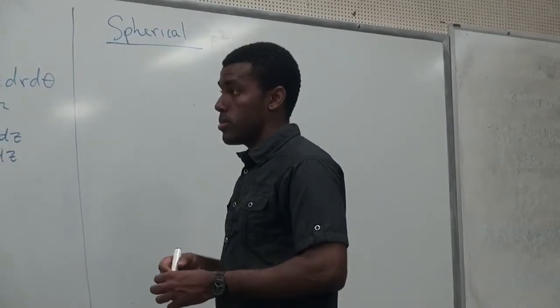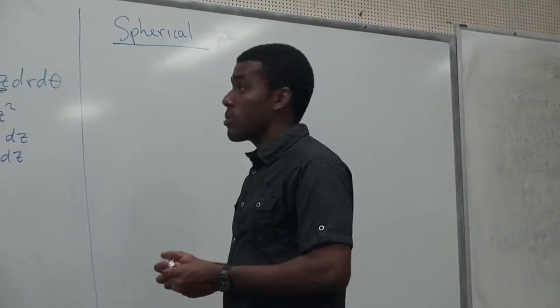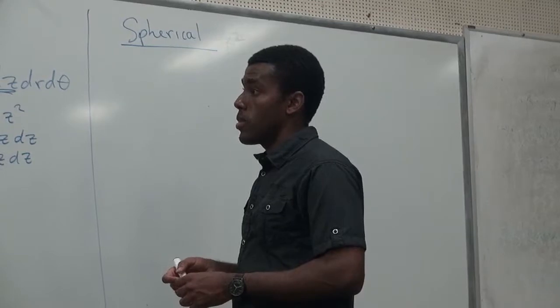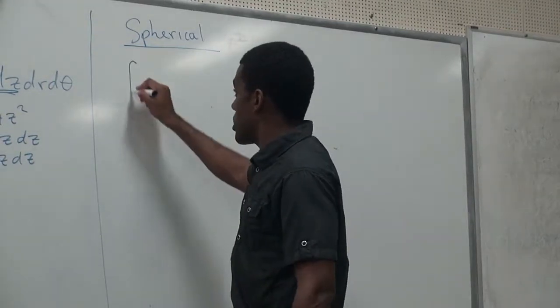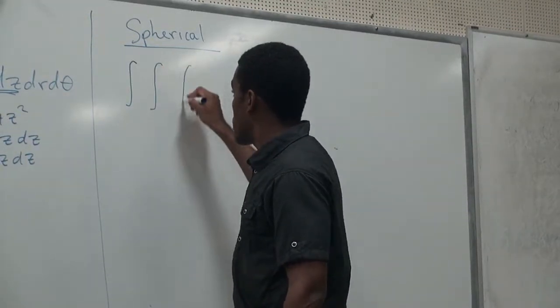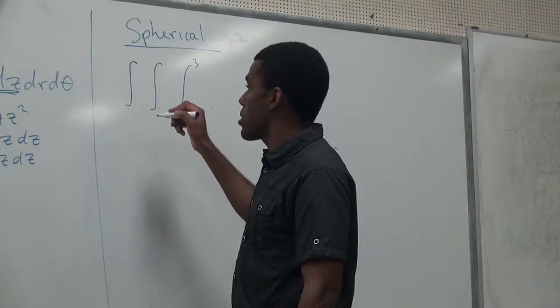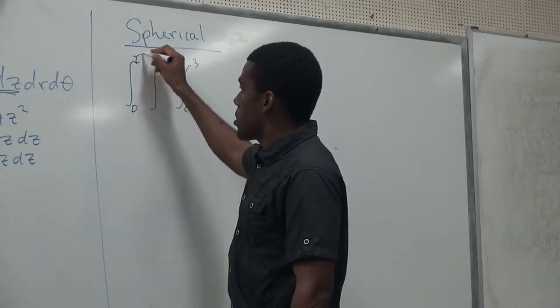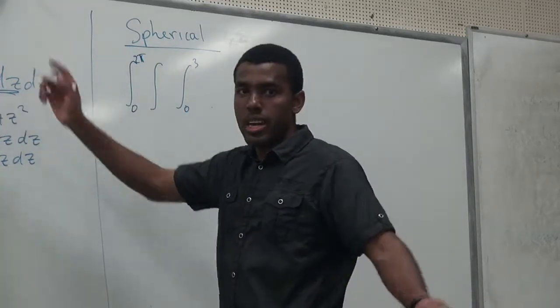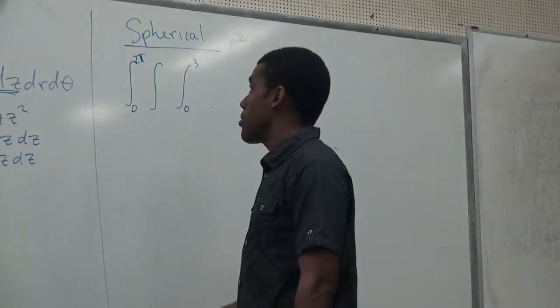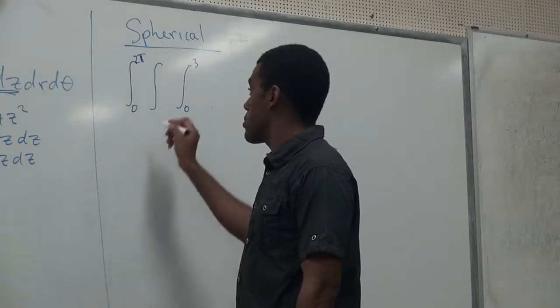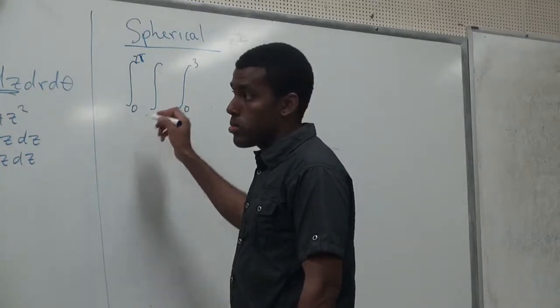So the spherical: rho is 0 to 3, and theta is still 0 to 2 pi. The theta here and the theta there are exactly the same. But the phi is where I got stuck.